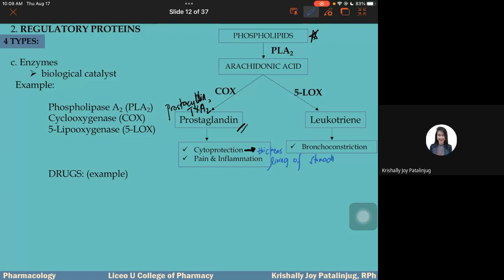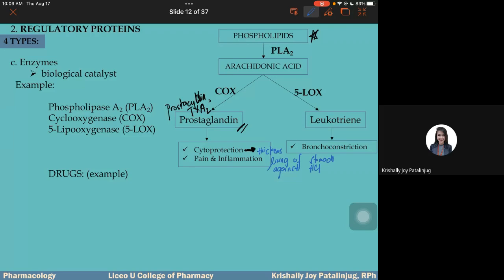Okay. So it's a protection against HCl. This is one of the functions of prostaglandin important for normal cell activity. However, there are also prostaglandins that are produced in the setting of pain or inflammation.